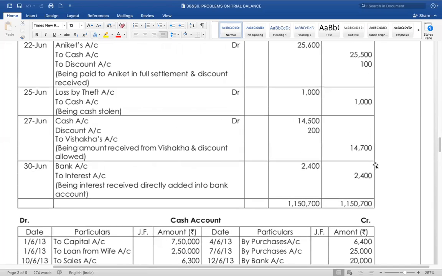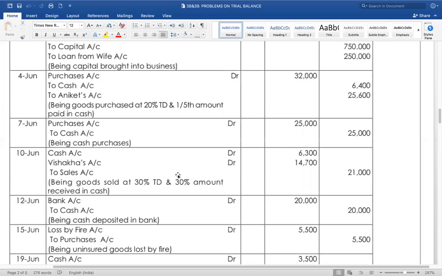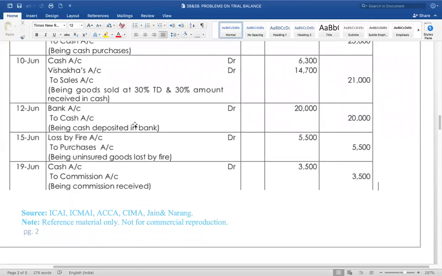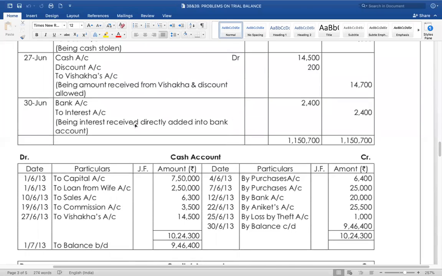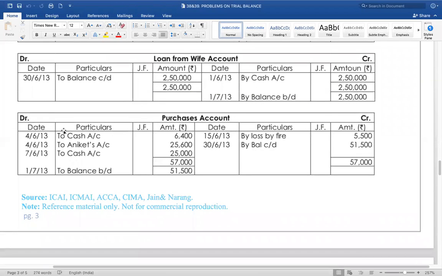Next account. What's the next account to be prepared? Purchases. Let's come to purchases account. Purchases account debit to cash. 6,400 worth of goods were purchased for cash, and 25,600 of goods were purchased from Aniket on credit.